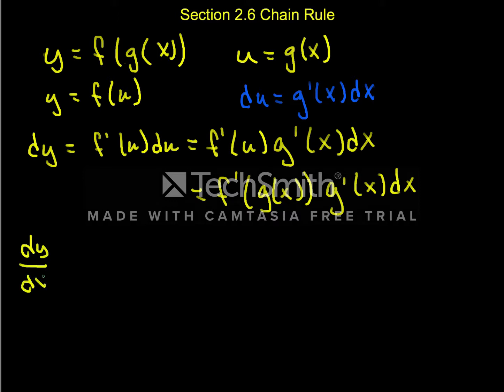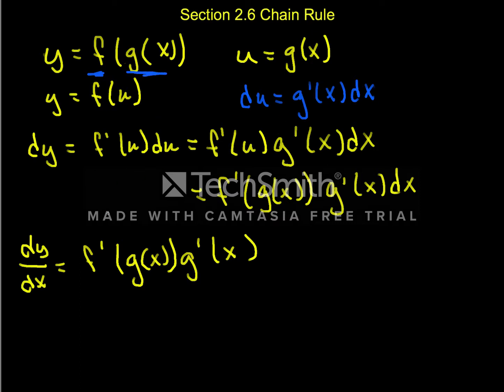is equal to f prime of g of x times g prime of x. And the way I tend to think about this is that if I've got a composition of functions, f is on the outside, so it's my outer function, g is on the inside, it's my inner function.